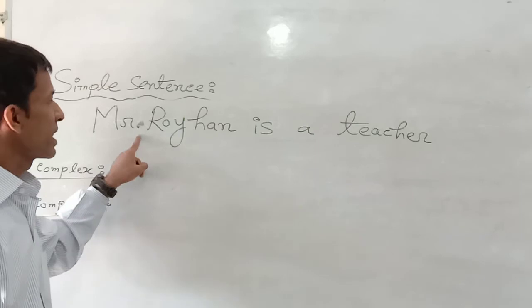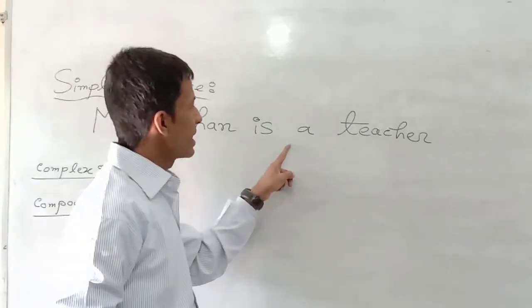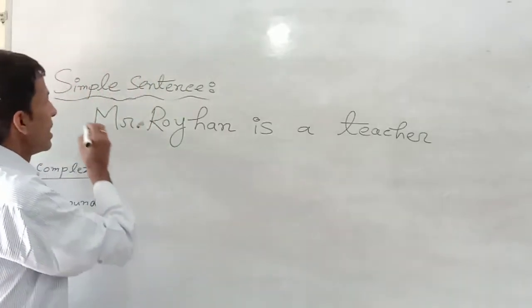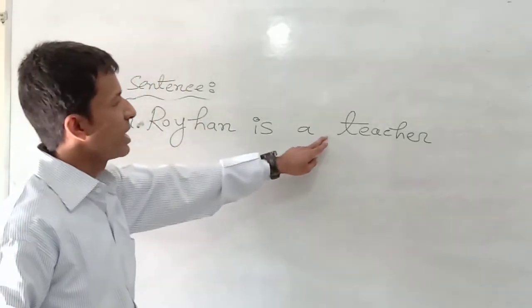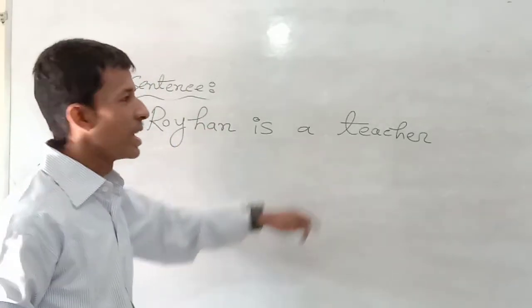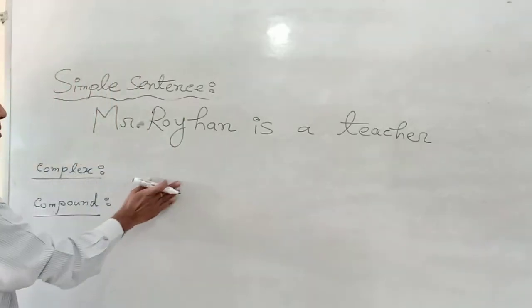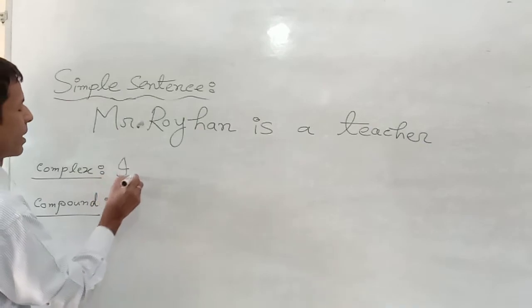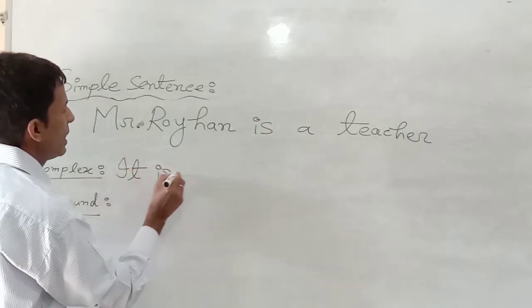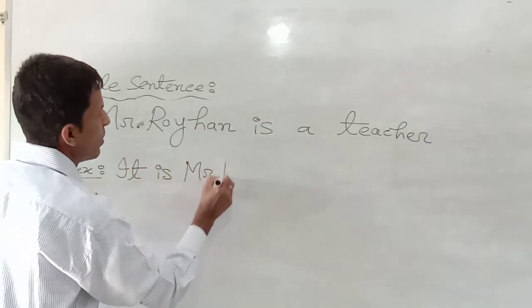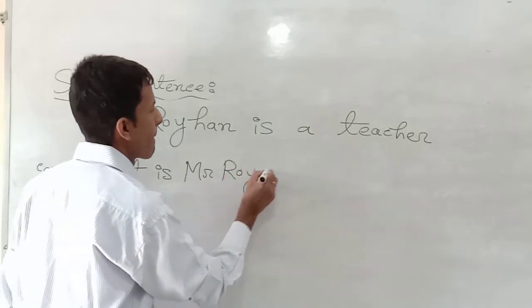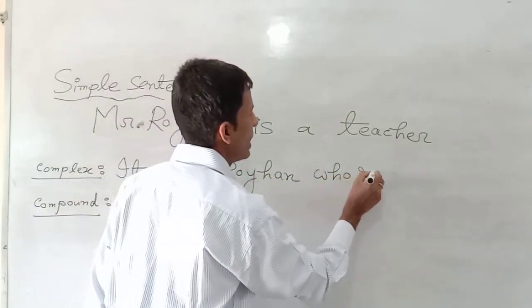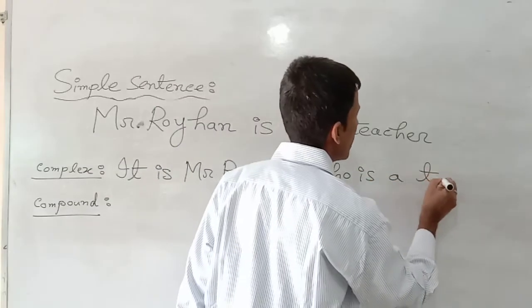What is the discrimination between these two examples? In the previous example, you have already watched the presence of adjective. But here I have written this simple sentence without including or adding any type of adjective. And if you find such kind of example in the examination hall, you will have to write, it is Mr. Raihan who is a teacher.